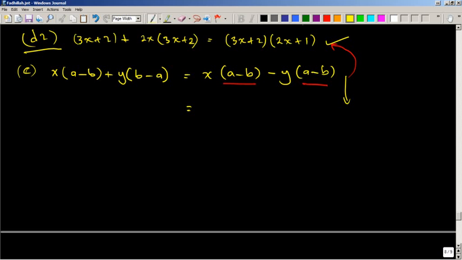I can't get the answer. Okay. Macam ni. You have got something in common, A minus B.